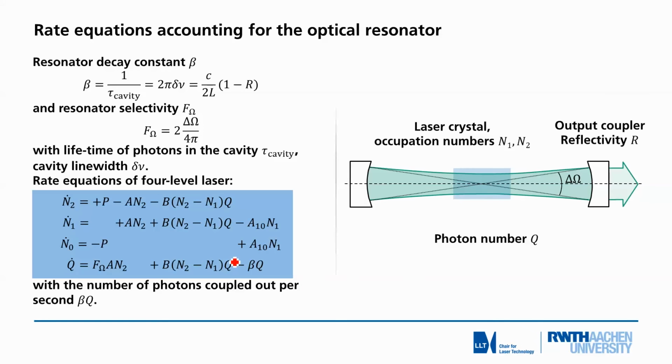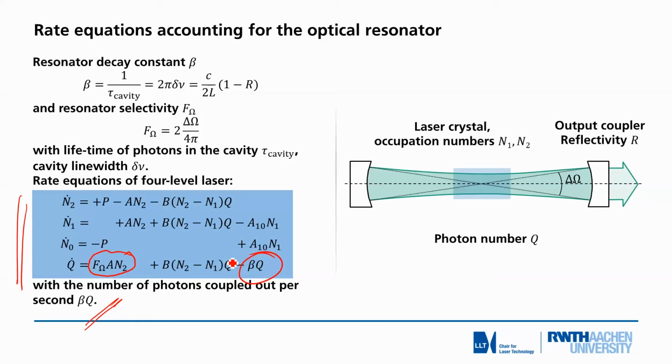To come back to the resulting rate equations now, they are displayed here. We can see that the solid angle contribution of the spontaneous emission is respected here in the number of photons counted, and also the number of photons coupled out per second, beta q, is recognized in the equation for the photons.